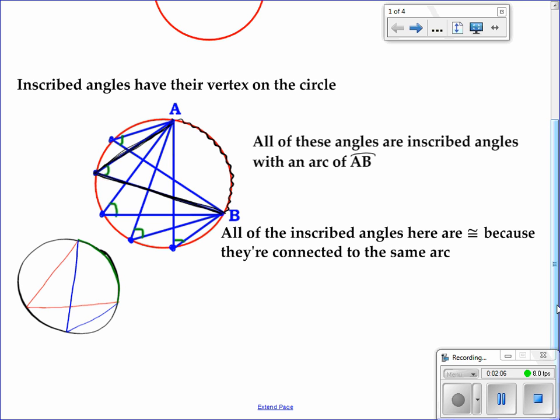So these two angles would be the same degrees. Questions on that? It's a little bit easier to see when the angles are two different colors.